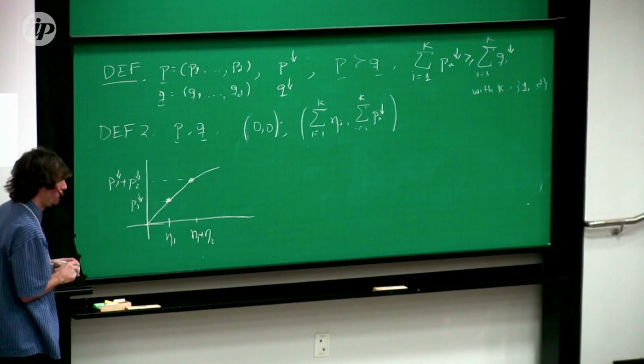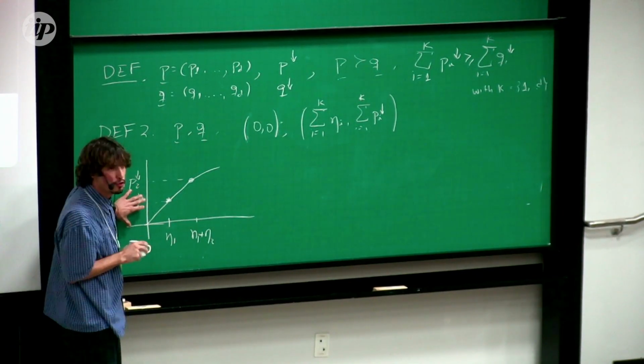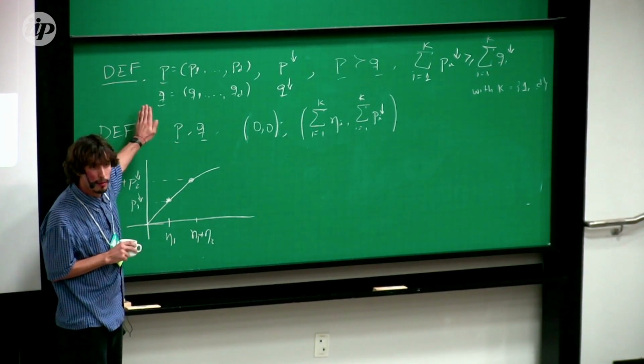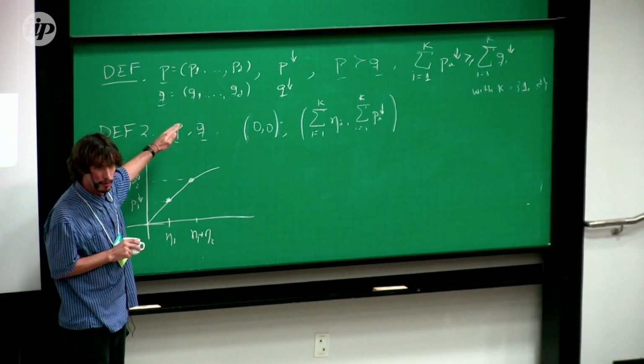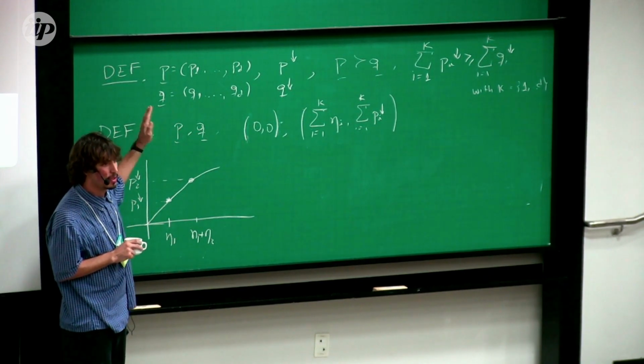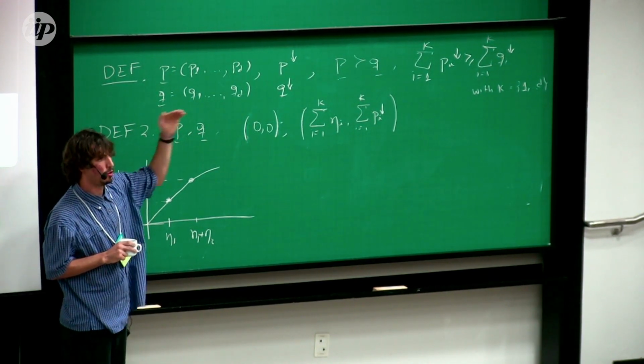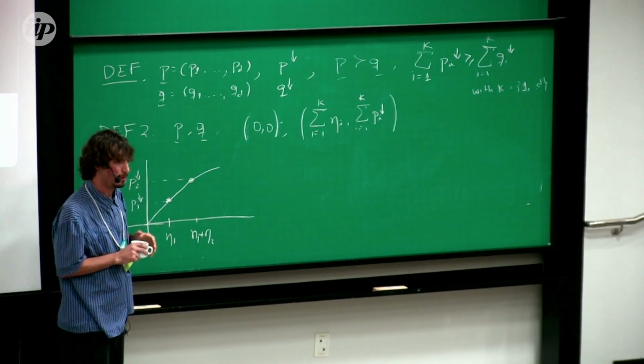So this is called the majorization curve, and it's just a graphical way of looking at the majorization relation, right? Because what I'm doing is precisely plotting this set of inequalities.